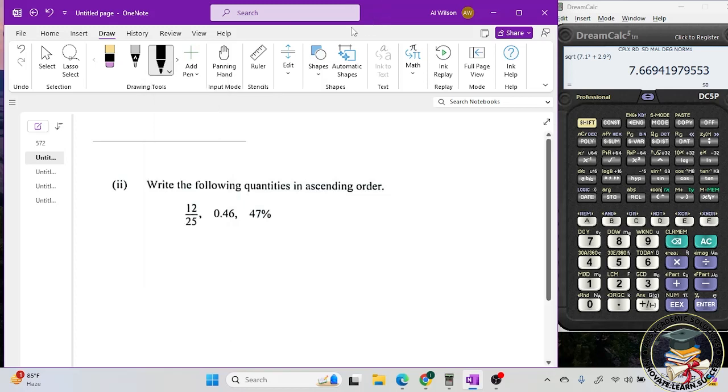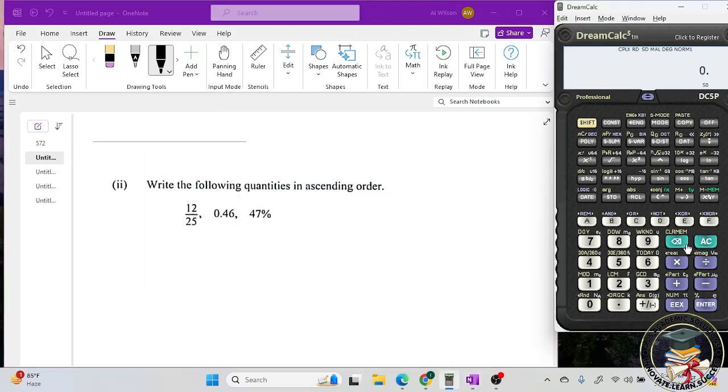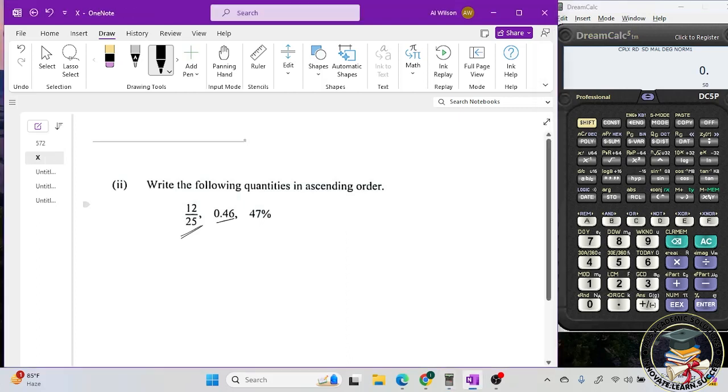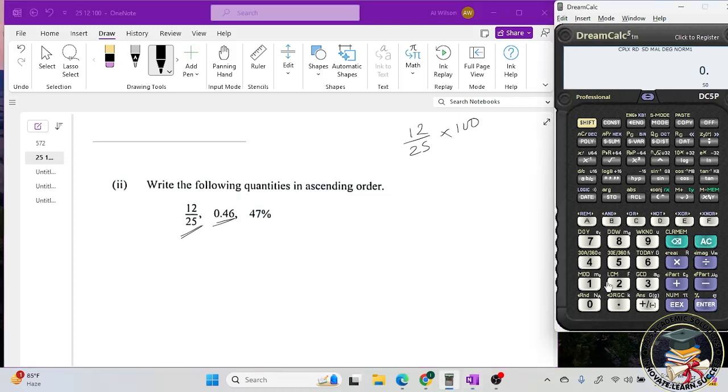In this question, it says to write the following quantities in ascending order. Let me just clear this off here. It's easier for you to have this done as a percent. So we need to convert the fraction 12 over 25 and the decimal. In converting the fraction, I'll write it out first: 12 divided by 25 times 100, because remember percentage is times 100.